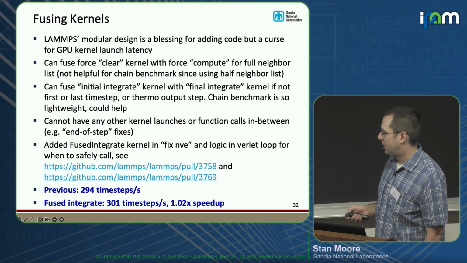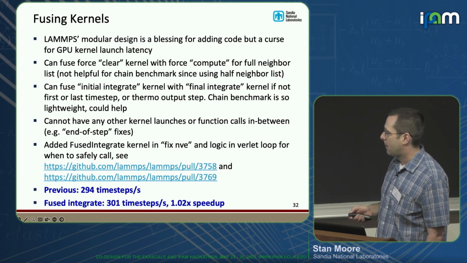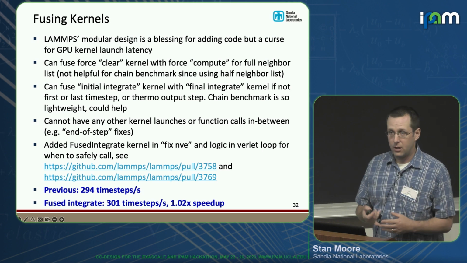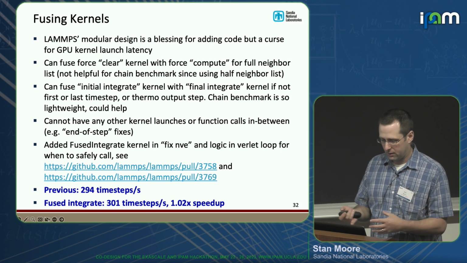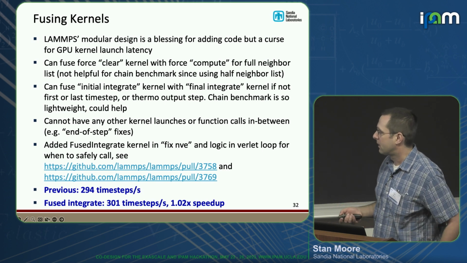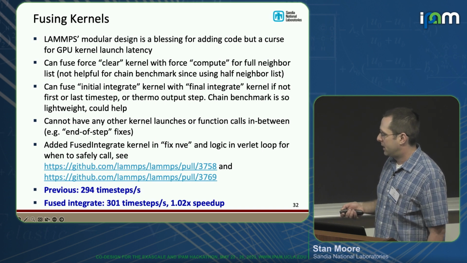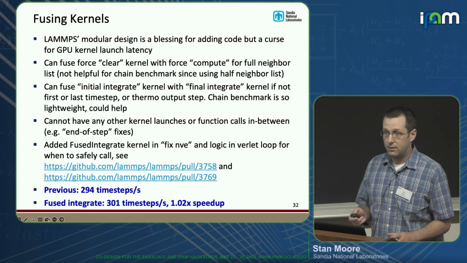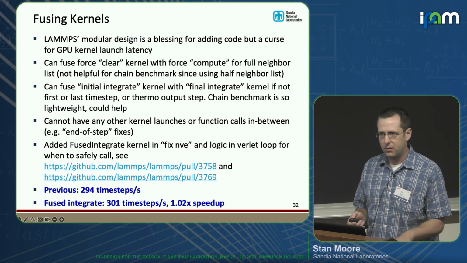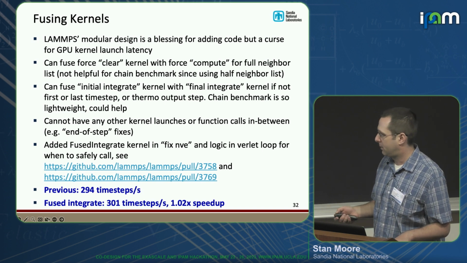So I added this fused integrate kernel into fix NVE, the time integrator. There's also logic that you have to add to check for these fixes to make sure it's safe to fuse. This gave a very small speedup, but I will mention that this is a large system. If I benchmarked a smaller system, this would be a much larger speedup.